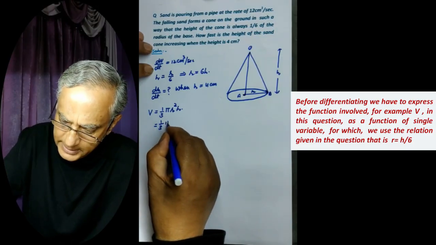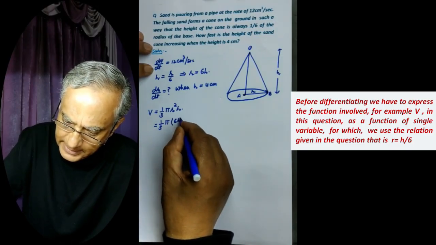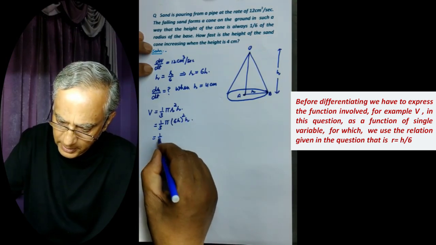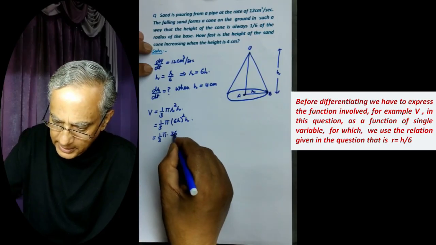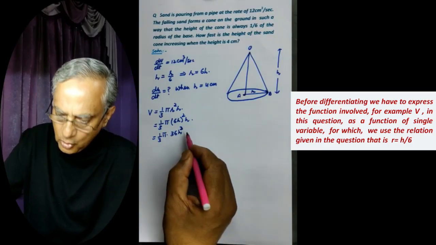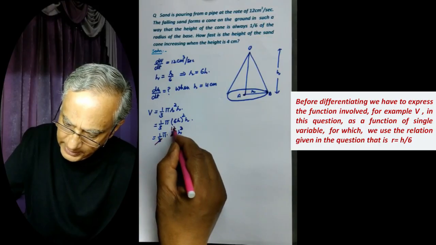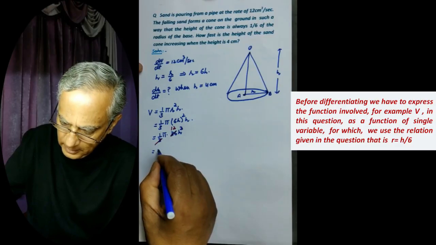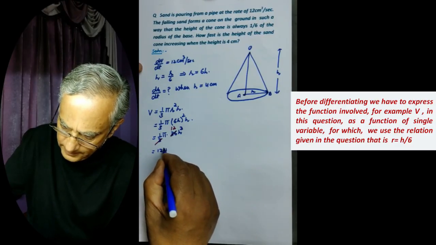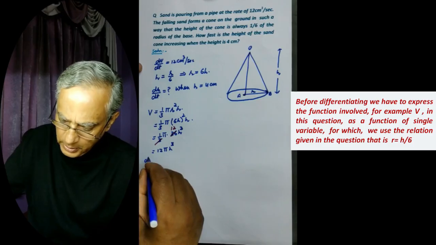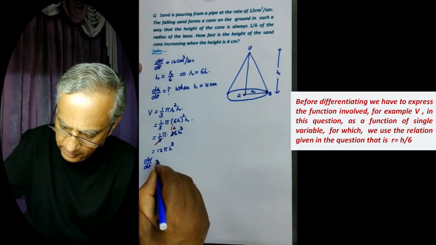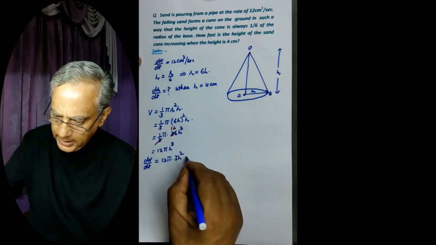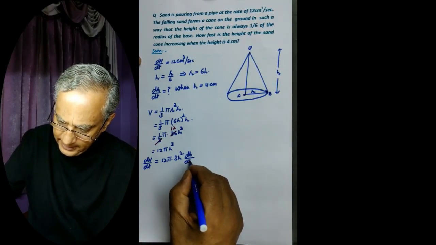So we write this as 6H whole square into H. So this is 1 by 3 pi into 36H cube. This 3 cancels with this, and we get 12 pi H cube.